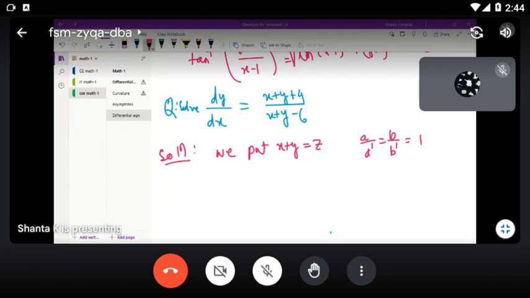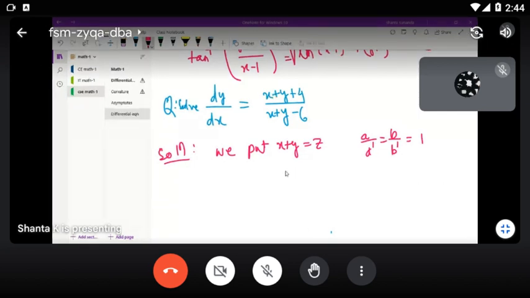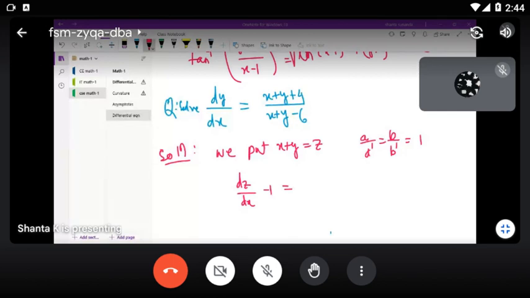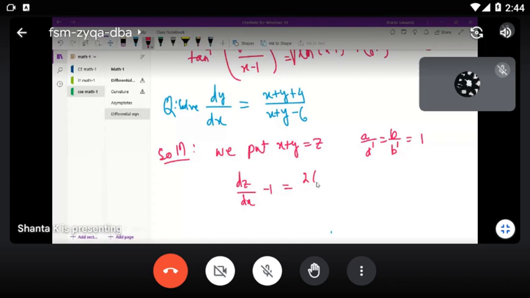So if you put here dz by dx minus 1, two into z minus 1, z minus 6.